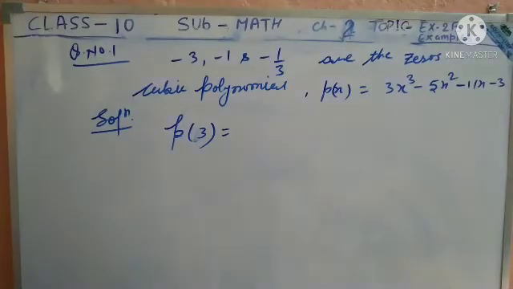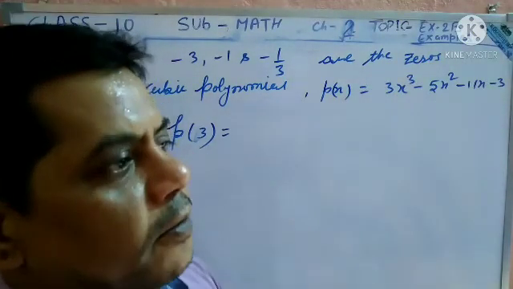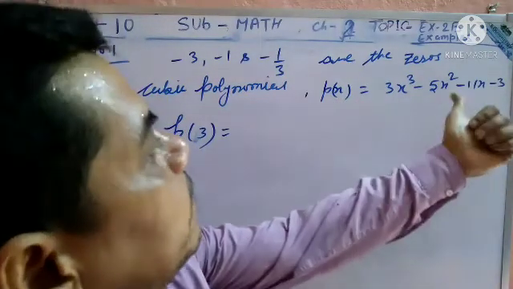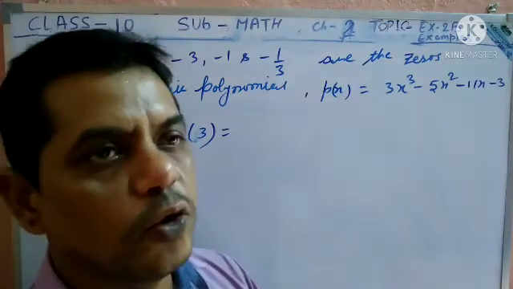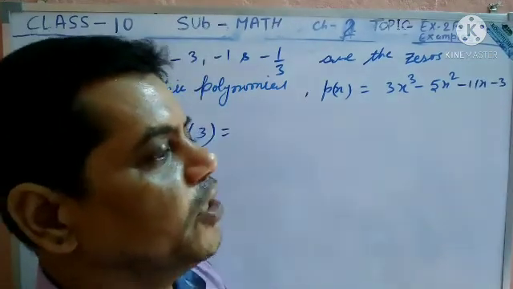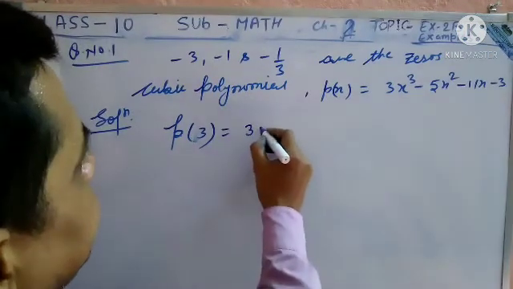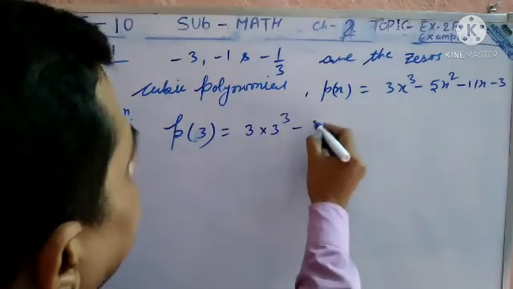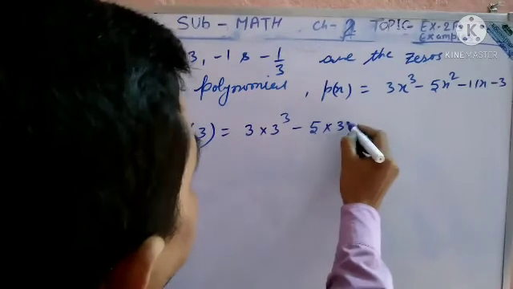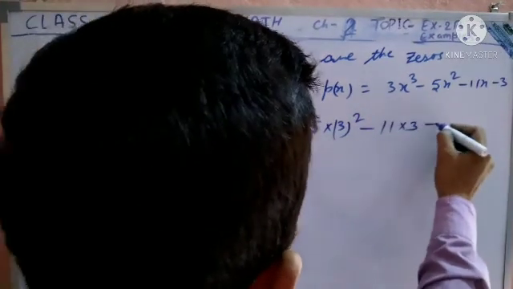If for any polynomial this value is put in and it comes to 0, then it is a factor of the polynomial, meaning this is a zero. So that is 3 into 3 to the power 3 minus 5 into 3 square minus 11 into 3 minus 3.